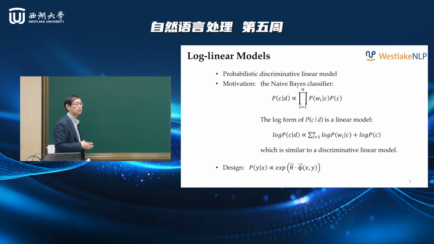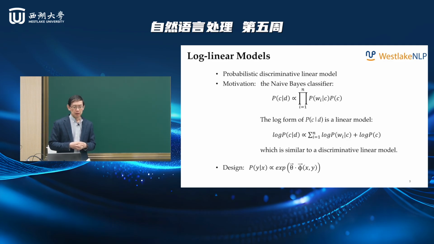We got an inspiration from naive Bayes. Naive Bayes models calculate P(C given D) as the joint probability of C and D, further as the sum of log P(W given C) and log P(C).